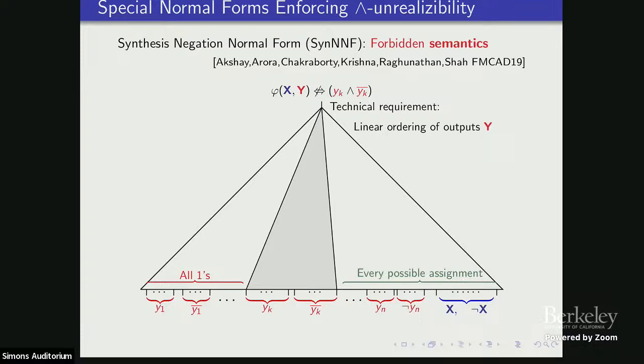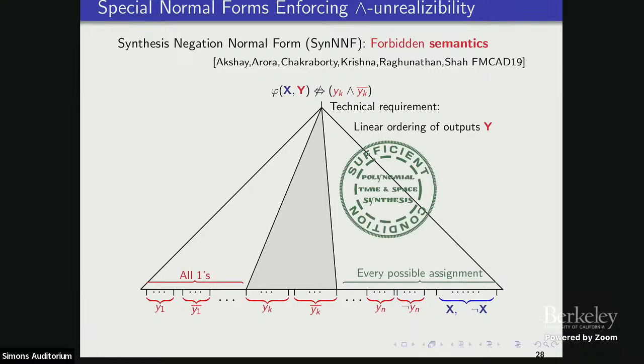So we have a linear ordering of the outputs, and then in this linear ordering, we just keep asking this question: is there an assignment here such that when you set all ones here, can this become yk and yk bar? If it can, then it's violating the AND unrealizability condition. If it cannot, it satisfies the AND unrealizability condition. And if this works for all of the outputs, then we say that it's in synthesis negation normal form.